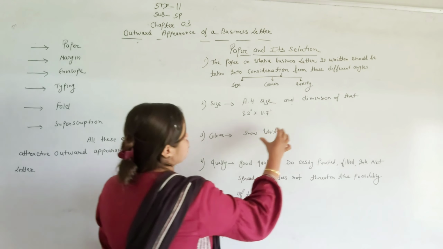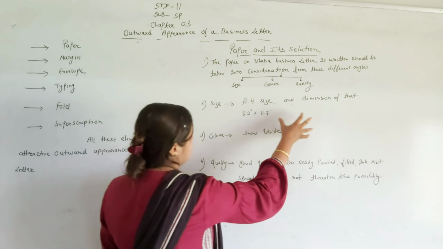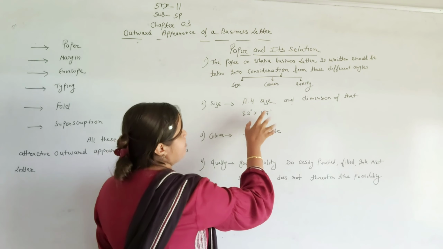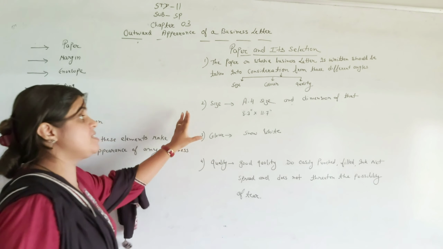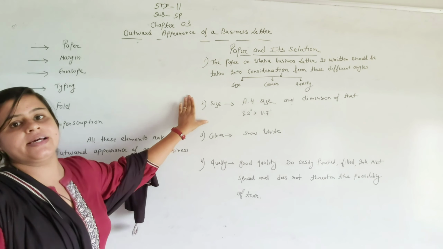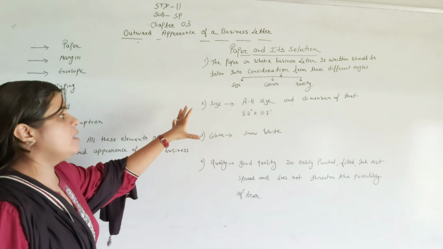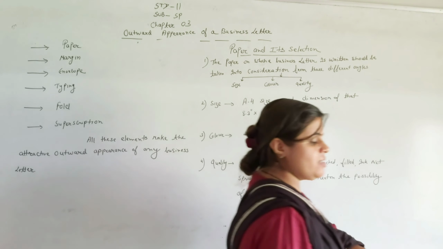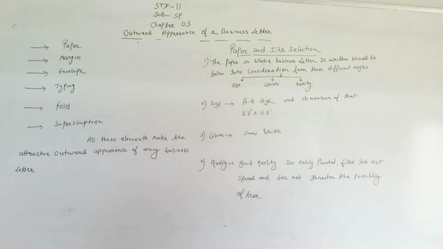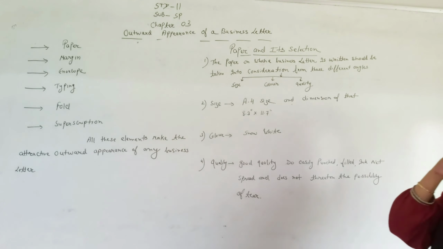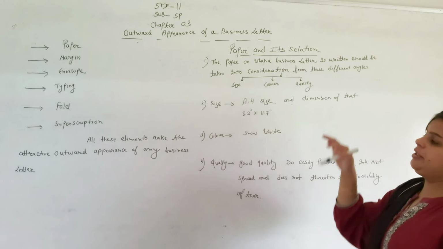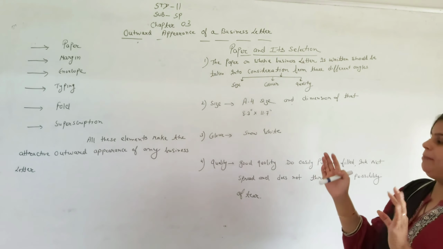The dimension is also given exactly: 8.3 multiplied by 11.7. It is the standard size. So the question can arise: state the appropriate size for writing any business letter. Your answer will be A4 size, with dimensions 8.3 multiplied by 11.7.